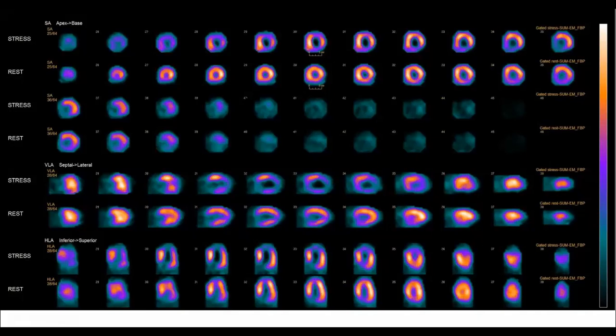Start describing it. There is a large size defect involving multiple segments, a large size reversible defect. As we are seeing, at rest it has a better uptake, a normal uptake, and here it shows a very good uptake. At stress, the uptake was severely compromised.